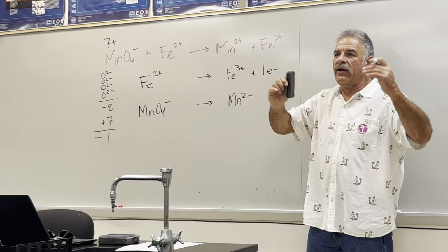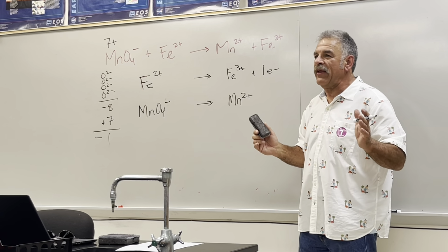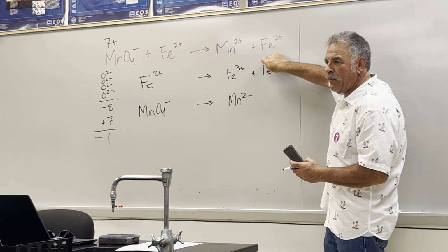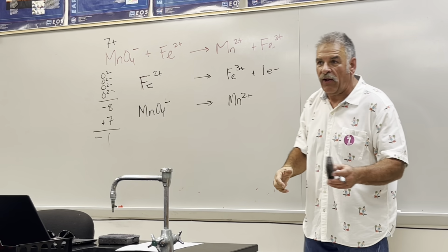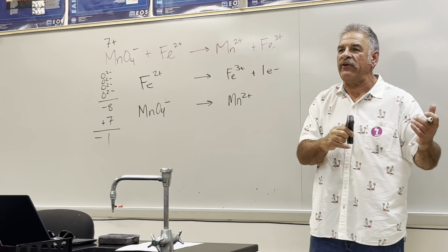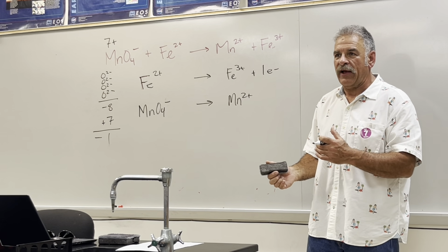So is iron always 2 plus? Not always anything. Its favorite states are 2 plus and 3 plus. It's a metal, and metals tend to lose electrons. At our level, that's all they do, is lose electrons.